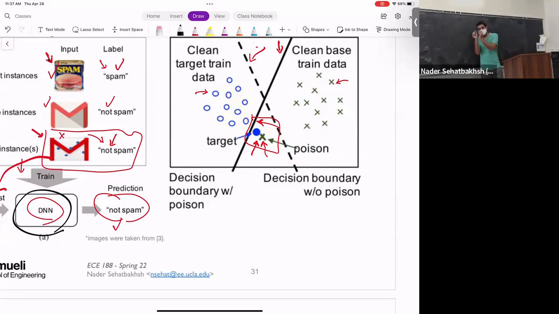By creating these very tiny samples, you can move the decision boundaries in different directions. And during the attacks, you can create what's called an adversarial sample, which basically forces your system to make a wrong decision. Does that make sense?